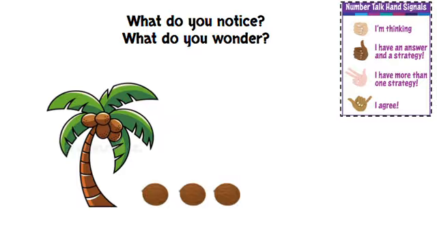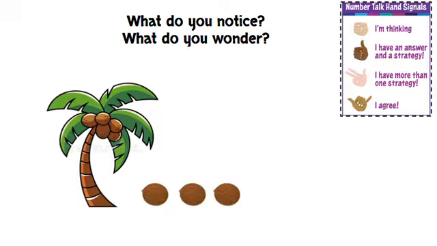So we are going to start with a number sense routine. We're going to do a notice and wonder, and we always start our math classes with number sense routines. It's a fun way to talk about math and really get the kids engaged. For this one, I just have a picture. You could really say anything. You could do something as simple as, I noticed there is a palm tree with some coconuts.